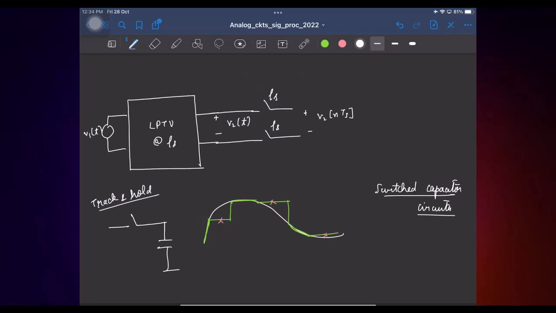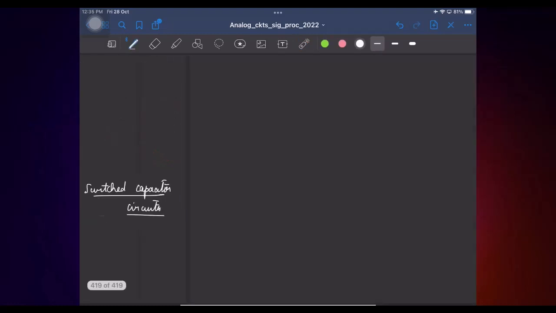So let's see what happens to an LPTV network with sampled outputs. To understand it, first let's decompose this LPTV network into something easier to analyze, and for that we'll take the Zade expansion, because there everything is converted to LTI networks and multiplication, which we are all familiar with.